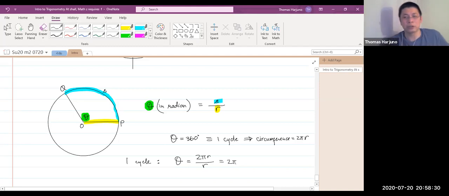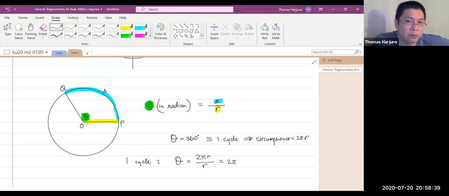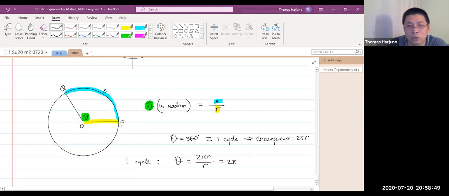Now, radian measure is without degree sign, without any sign actually. It becomes unitless because it's length divided by length, whatever the units, as long as they are the same units, they will cancel, right? So you see that for one cycle, the radian measure is 2 pi.